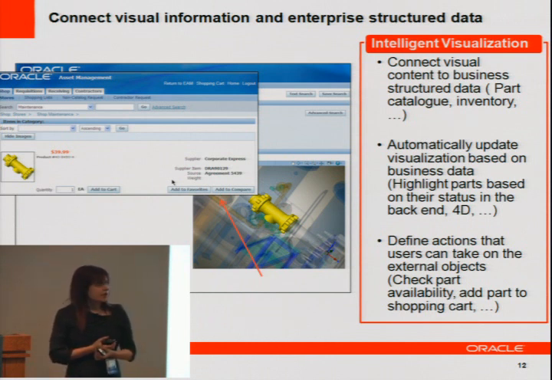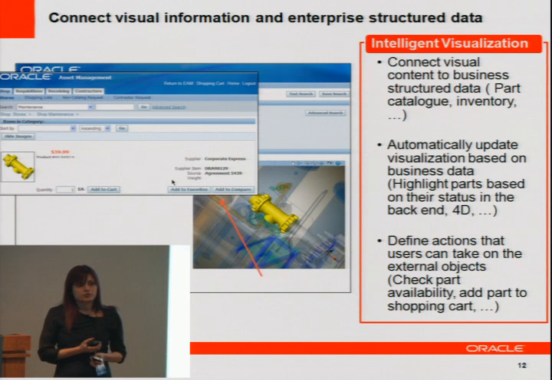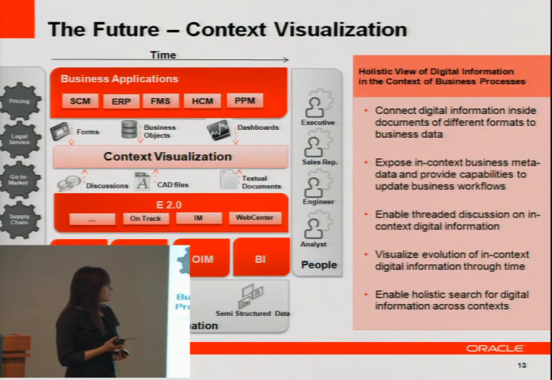So then we change all this visualization based on that information in the backend system, and we enable people to take some actions based on all this information, such as ordering the parts if they are not in the inventory. And this is something that we are working on.